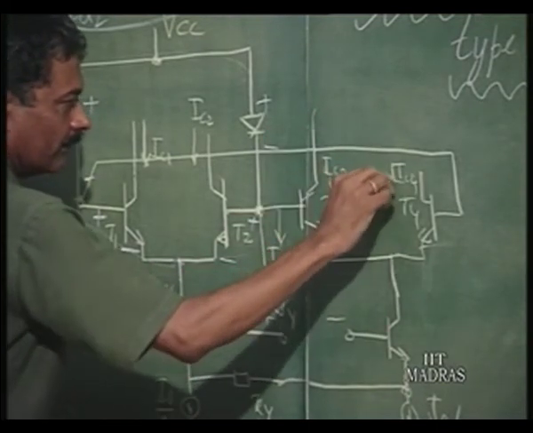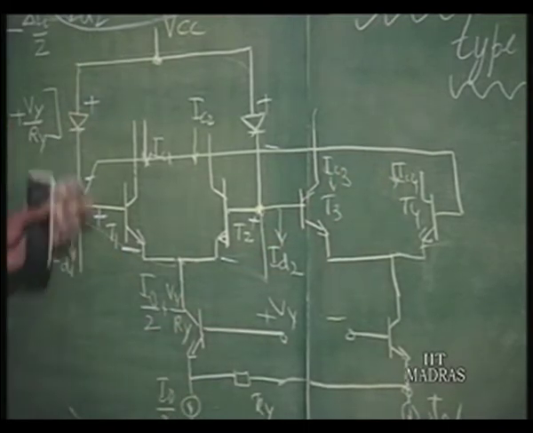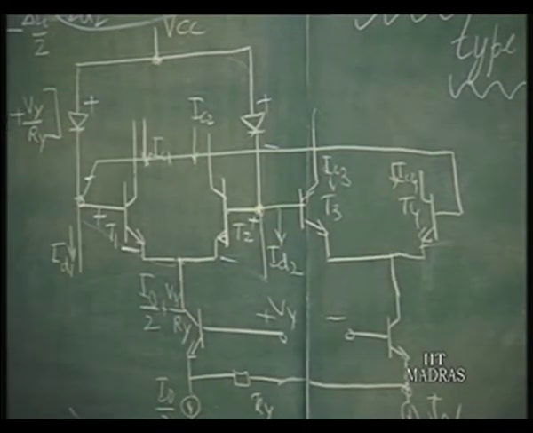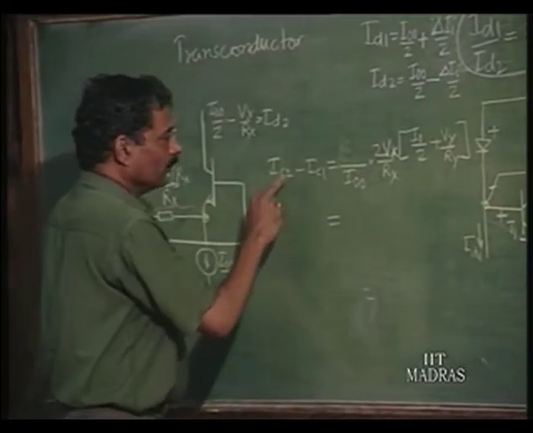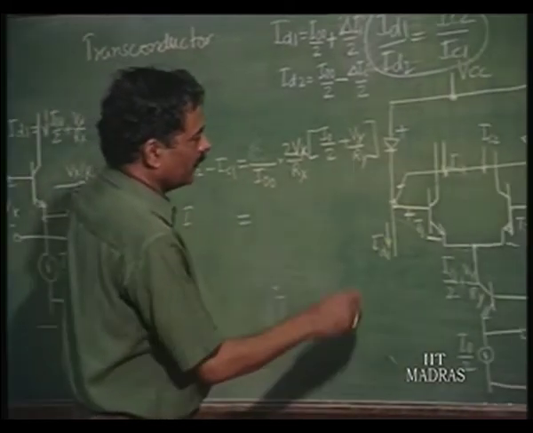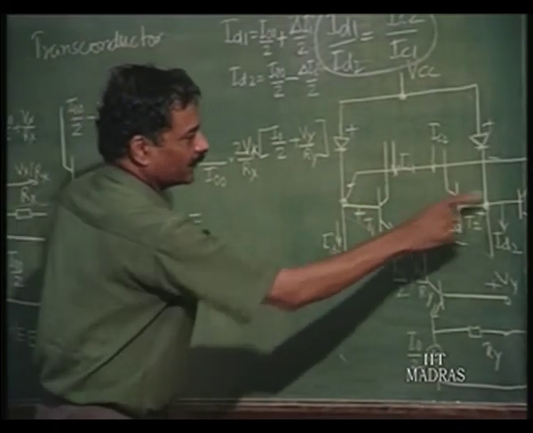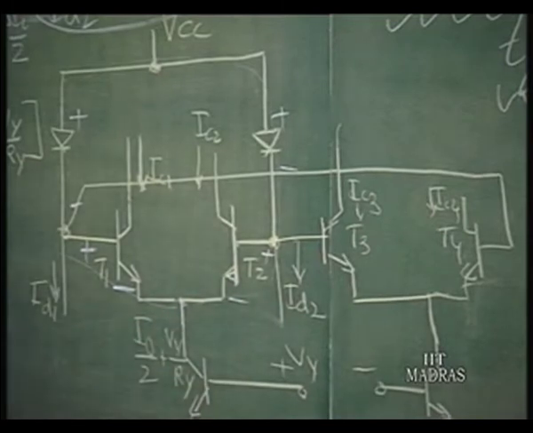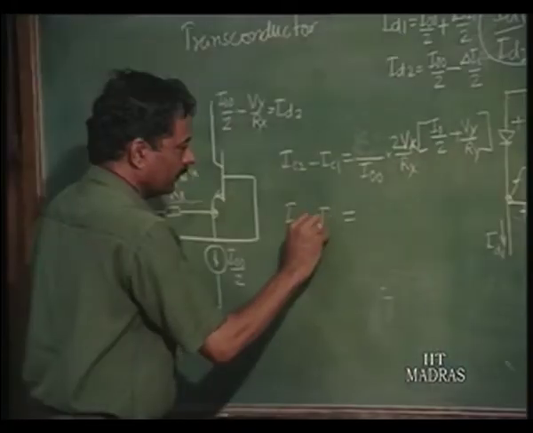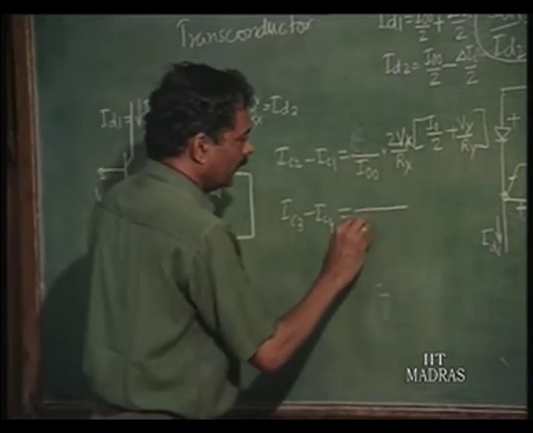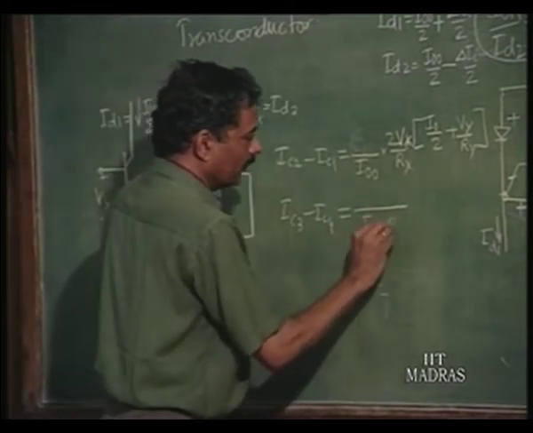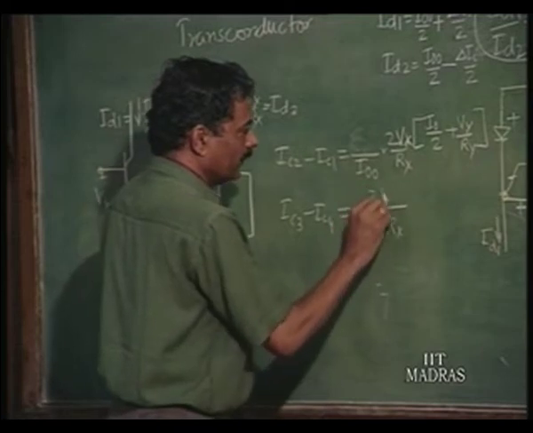So, these ratios will be exactly similar to what we had as ID1 by ID2. So, IC2 minus IC1 is similar to IC3 minus IC4, divided by I naught naught, Rx, twice Vx.